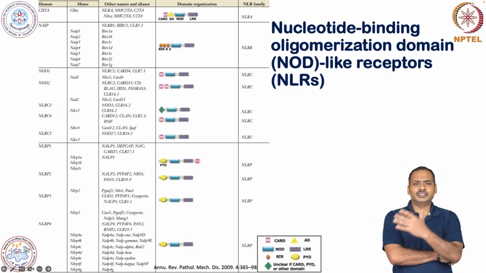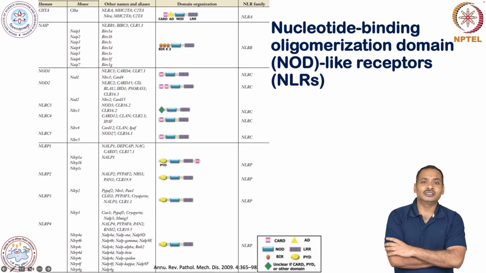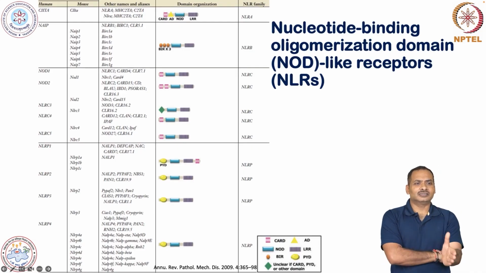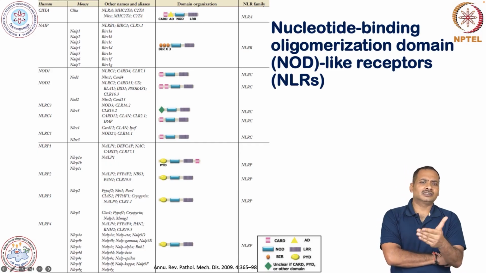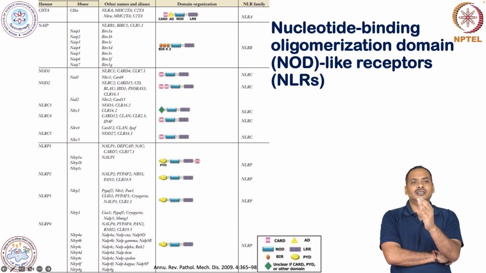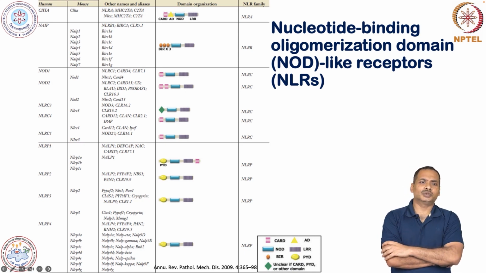If you see this slide, here you can see that in humans various NOD-like receptor members are there, and in mouse their homologs and subtypes are also there. You can see the domains in these proteins.